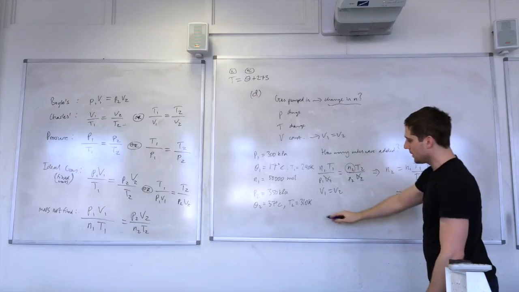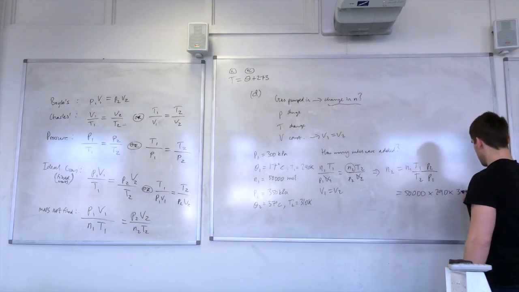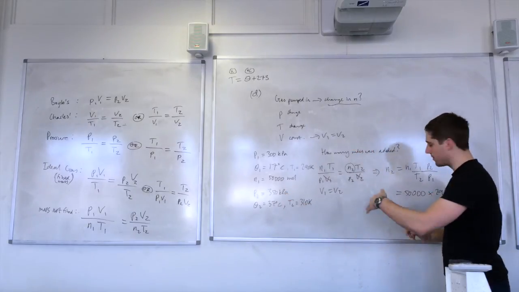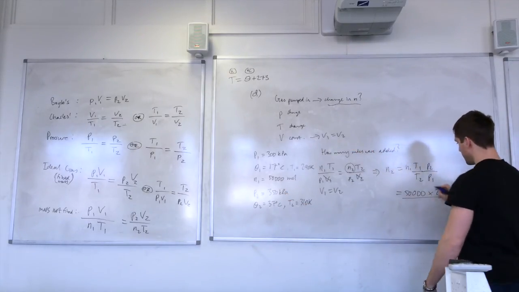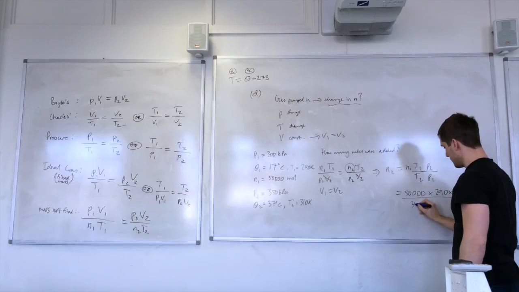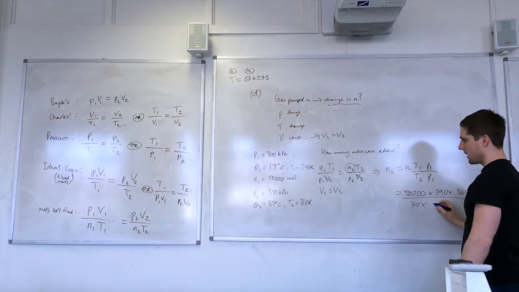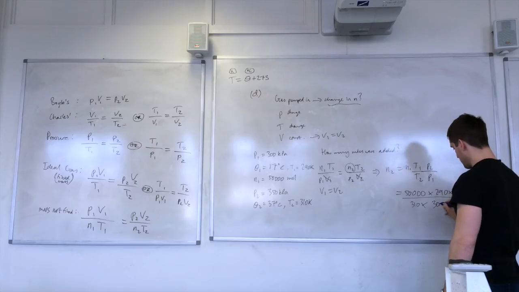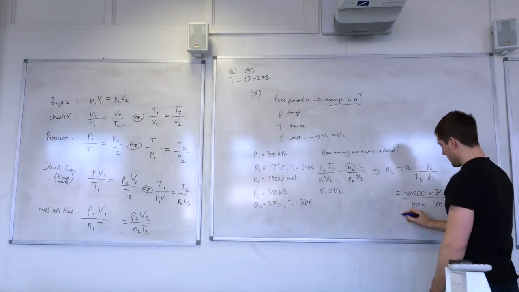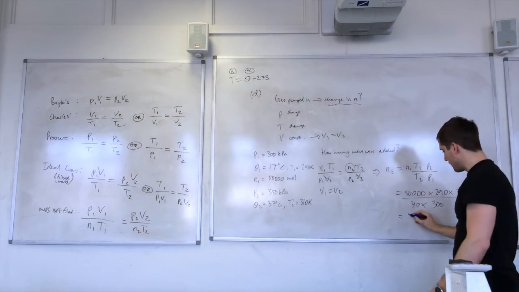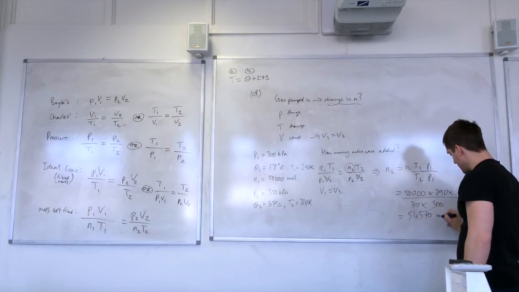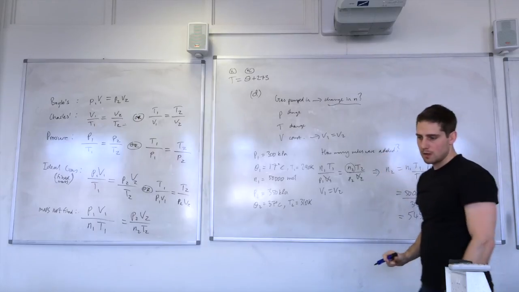P2 is 350. Both are in kilopascals, so I don't need to worry about any unit conversions. Divided by T2, which is 310, multiplied by 300. Okay, and when I solve that, I get 54,570 when I round it up.